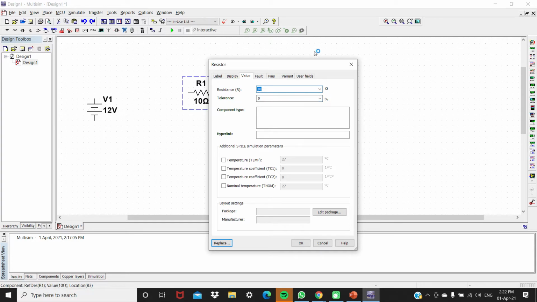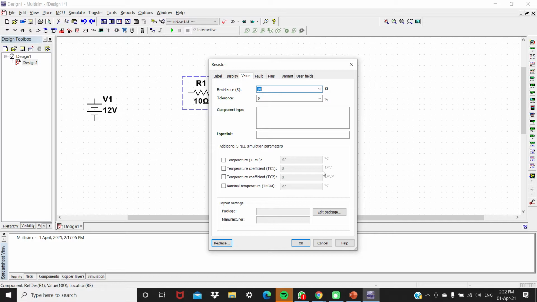Okay. Here you can see that we have several further options in terms of putting the temperature. Sometimes when you have to simulate an electronic circuit, we have to put it into certain areas, right? When we have to design something which we have to operate or install in a very cold temperature, maybe minus 2 or something.